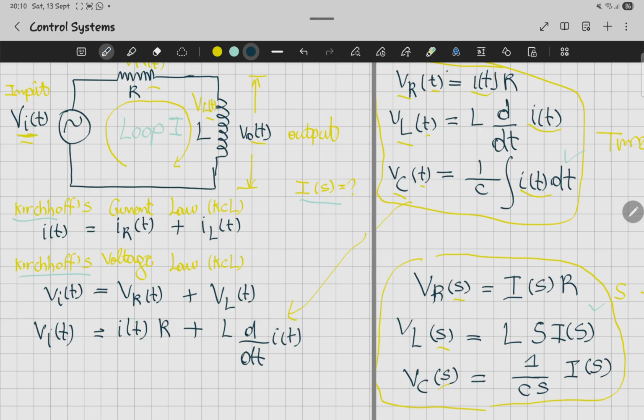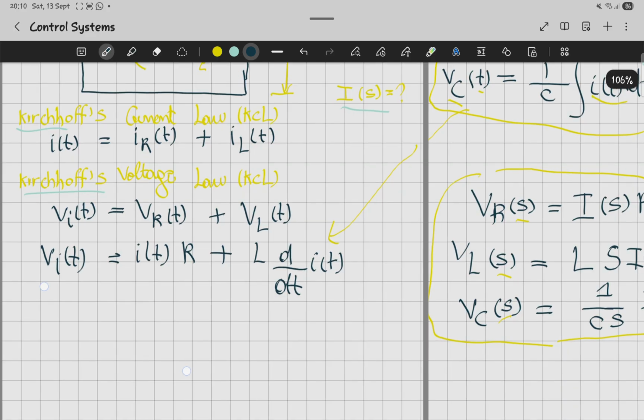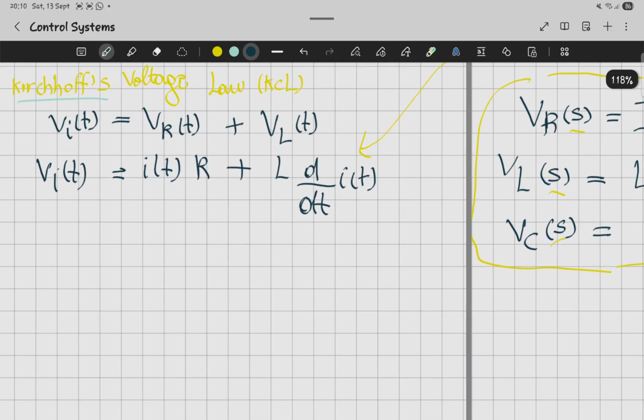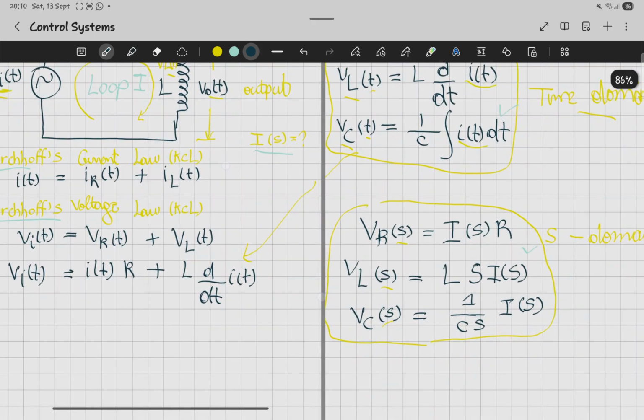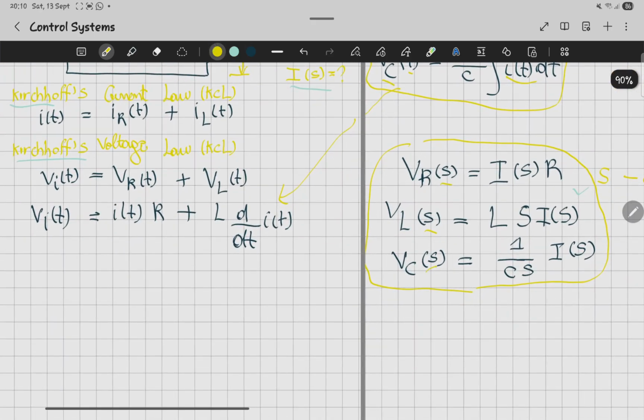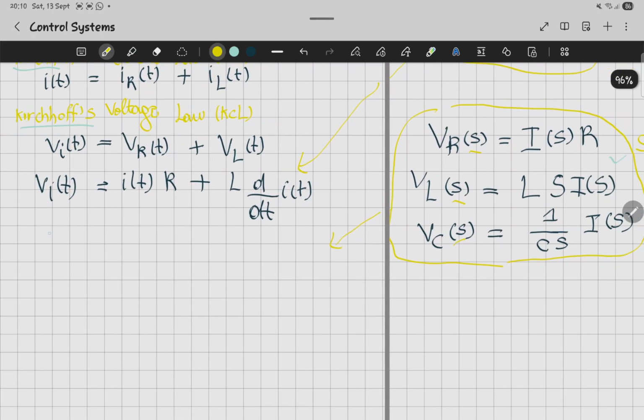Okay, so now once we get this equation, we have the option, if we want to work in S domain, we can now apply the Laplace transform to get this form. So this is where you're going to apply your Laplace transform, depending on if you're working with Laplace.